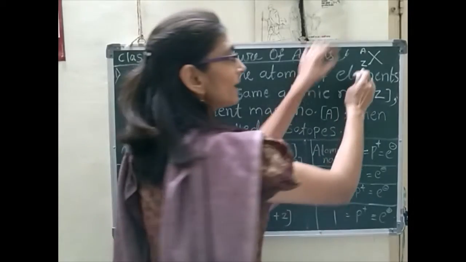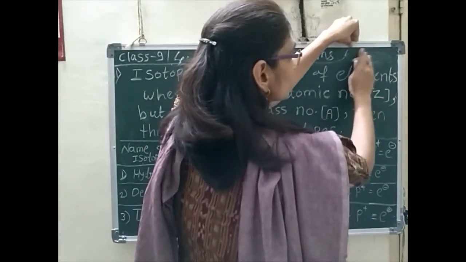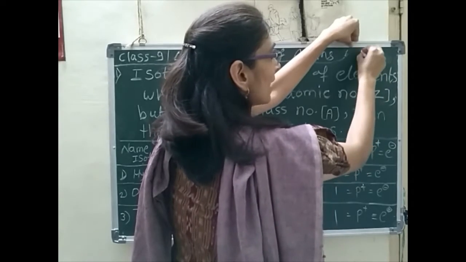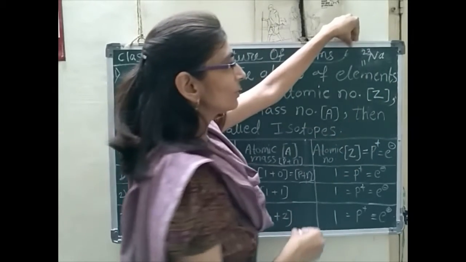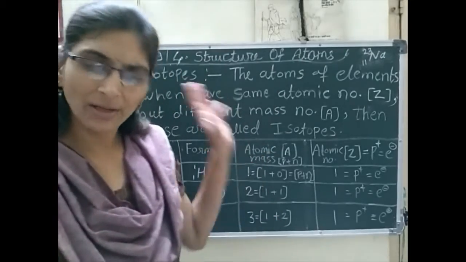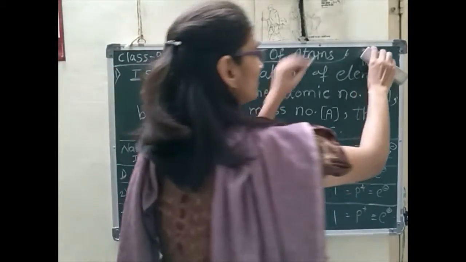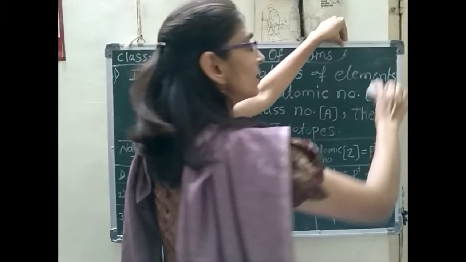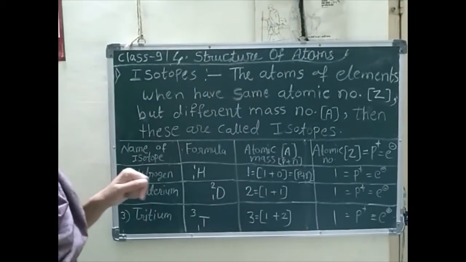Okay. So for example, sodium, 11 and 23. So this is one of the examples. This type of atomic mass and atomic number writing also we have learned in our previous lecture.